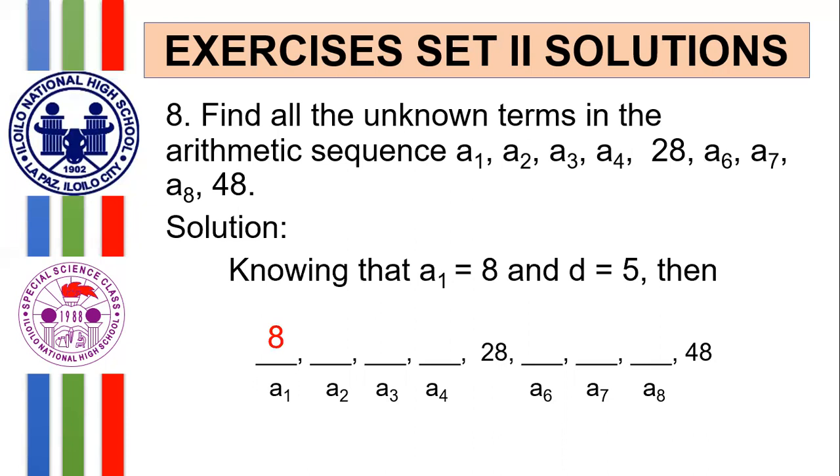So 8 plus 5 will be 13. 13 plus 5, 18. 18 plus 5, 23. 23 plus 5, you see, it's 28. So it's okay. Then you have 28 plus 5, 33, plus 5, 38, plus 5, 43. If you try to add 5, 43 plus 5 will be 48 indeed, which is your last term.